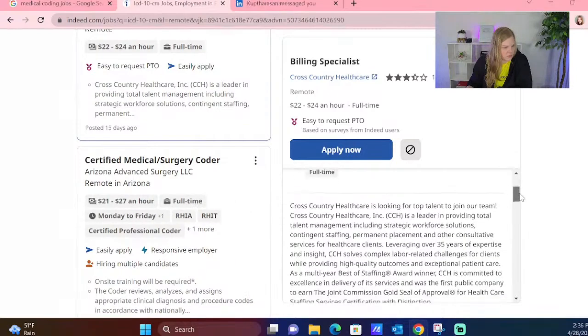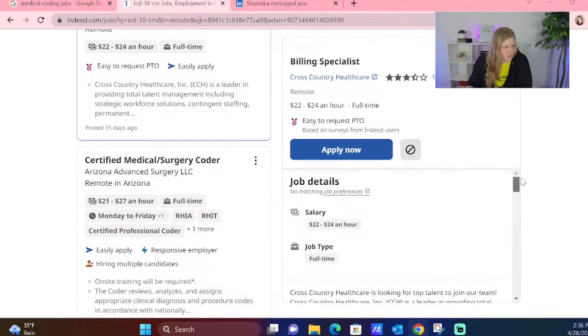Scrolly, scrolly, scroll. So this one has a salary of 22 to 24 dollars an hour. I wouldn't rely too heavily on what Indeed provides, because I've not submitted a position on Indeed, so I don't know if this is what was input by the company or if this is something pulled by Indeed. If anyone knows, let me know in the comments because I'm curious about it.